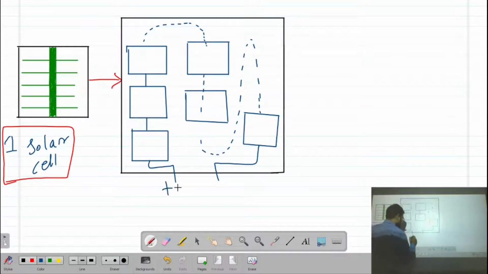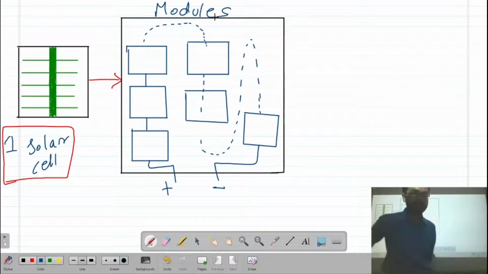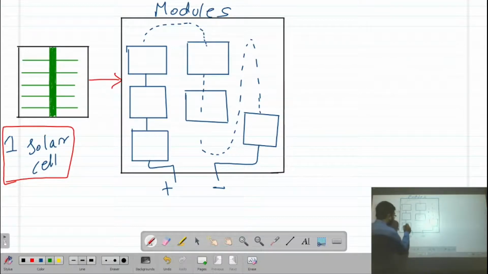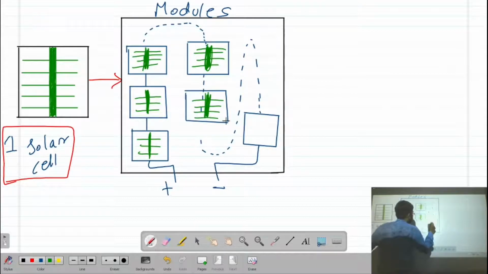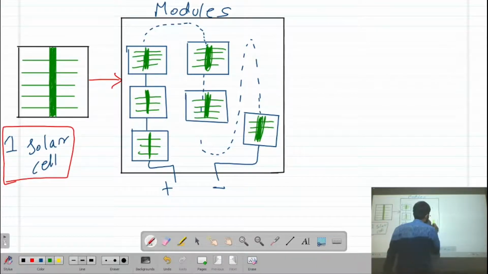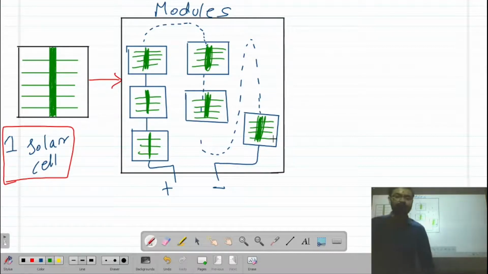This is the positive, this is the negative. This is known as a module. So a number of cells are connected to each other, and this will also have bus bars like this.